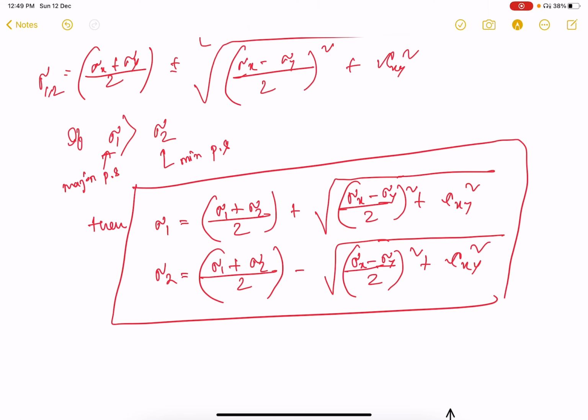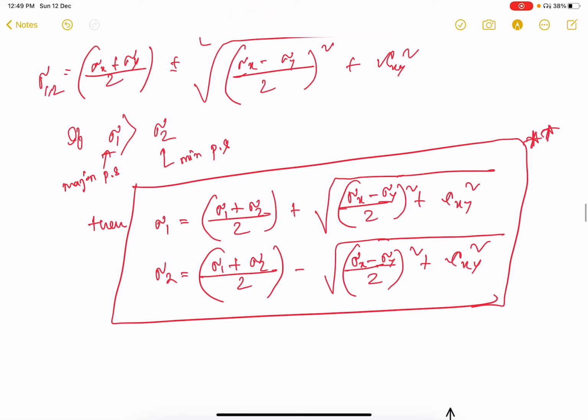This is a very important derivation. You will get the value of the principal stresses.